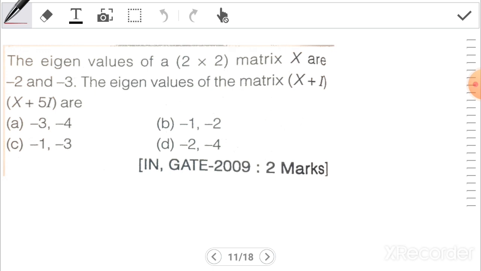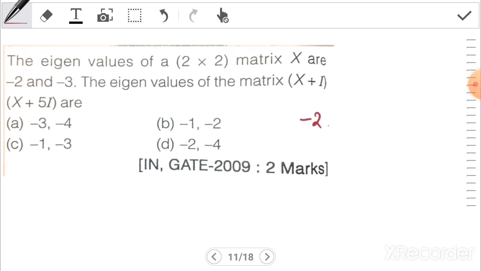The eigenvalues of a 2 cross 2 matrix X are minus 2 and minus 3. The eigenvalues of the matrix X plus I and X plus 5I are? So X has eigenvalues minus 2 and minus 3.